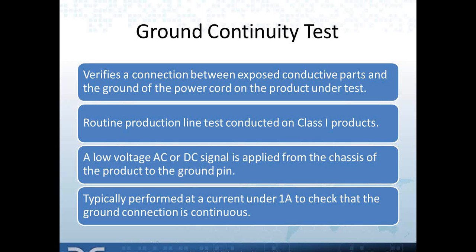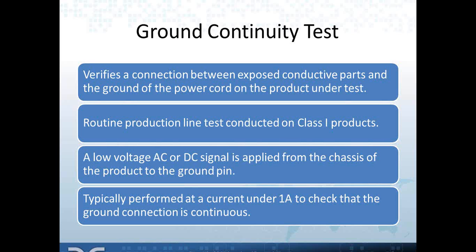Now, the ground continuity test is normally required as a 100% production line test on electrical equipment to verify that there's continuity in the ground circuit of the device. For example, when the insulation of a product develops a fault between the line circuit and the exposed metal parts, the ground conductor provides a path for the dangerous fault currents to return to the system ground at the supply source of the current.